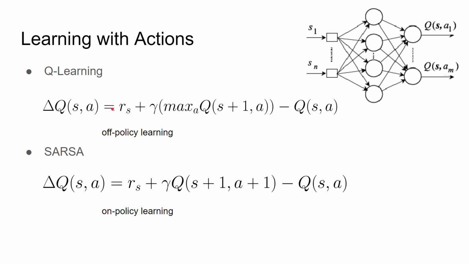Terminology. This gets called on-policy learning, and this gets called off-policy learning. Why? Policy is a term for, given a state, what action do I end up doing? So this is learning based on whatever policy I'm actually using. Because as we pointed out earlier, I might not always pick the best action.